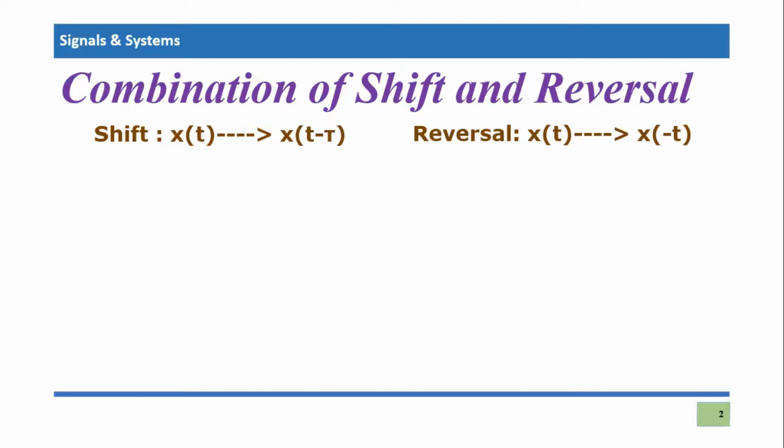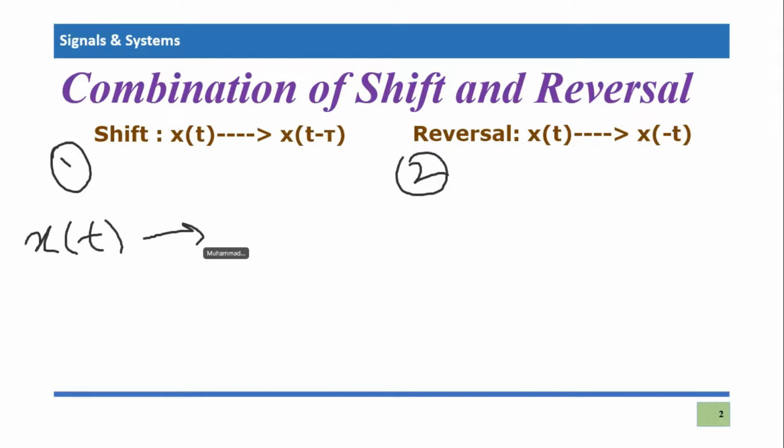What will be the effect on the final result? Let's see. First of all, I'm going to apply the time shift and then the time reversal. If we apply time shift first, x of t would become x of t minus tau. And then I'm going to apply the time reversal.